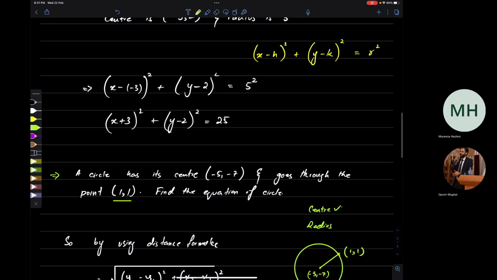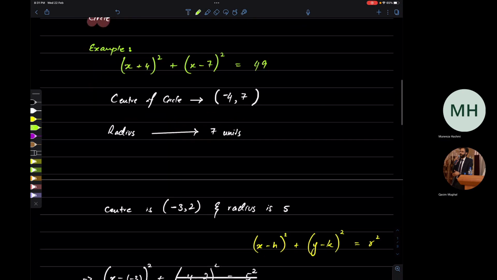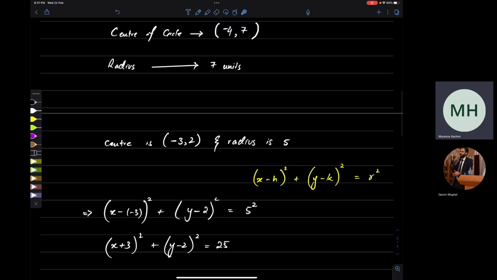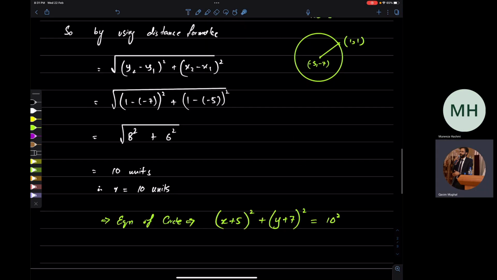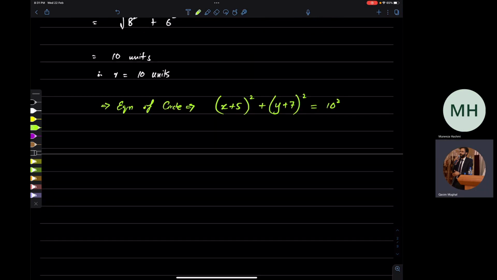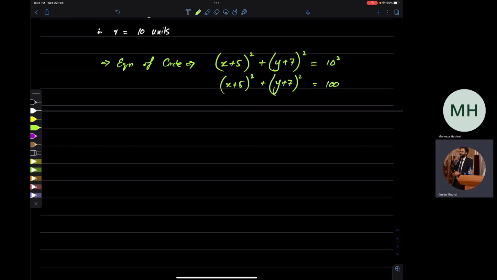This was the format, R squared. So it's going to be 10 squared, which is basically 100. So you can write it down as x plus 5 whole squared plus y plus 7 whole squared equals 100. Got it? Yes. Shabash.